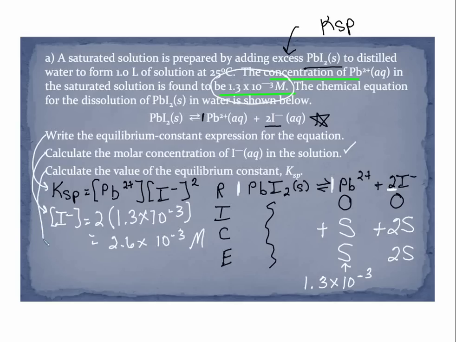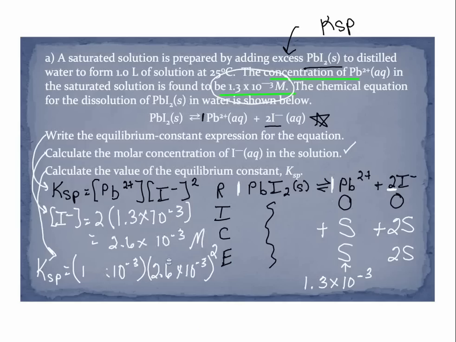Now, the last part of A asks us to then calculate K. All we need to do is plug in those values that we have. We have our lead ion, that given 1.3 times 10 to the minus 3. My iodide is 2.6 times 10 to the minus 3, squared. Don't forget to square that.